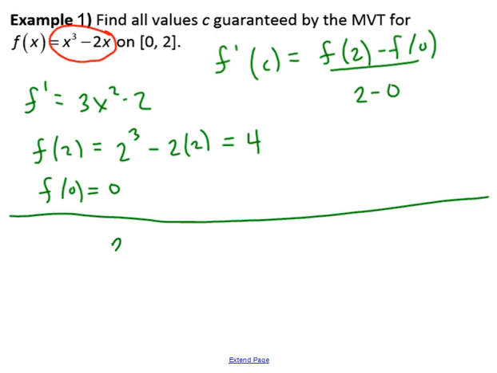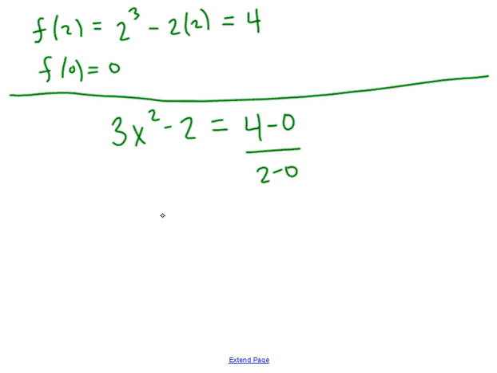Okay, so now I'm going to apply my mean value theorem. That says that the derivative, which is 3x squared minus 2, is equal to f of 2, which is 4, minus f of 0, which is 0, over 2 minus 0. In other words, 3x squared minus 2 is equal to 2. Now we need to solve this. If I add 2 and divide by 3, we get x squared equals 4/3.